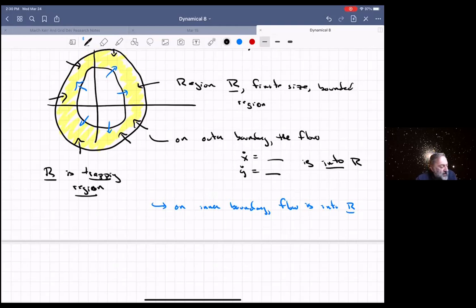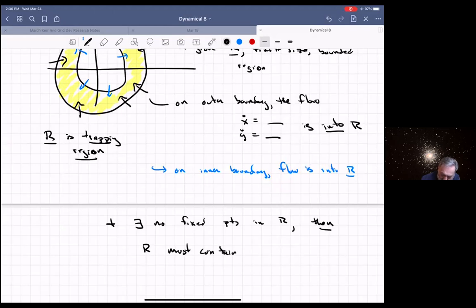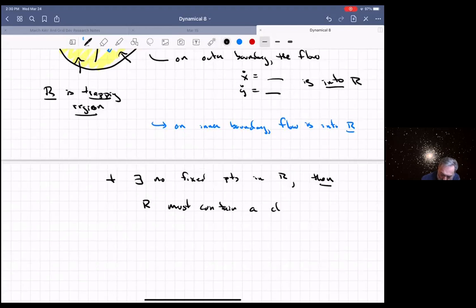If I can show that I can create a trapping region and there are no fixed points in R, then R must contain a closed, isolated trajectory.